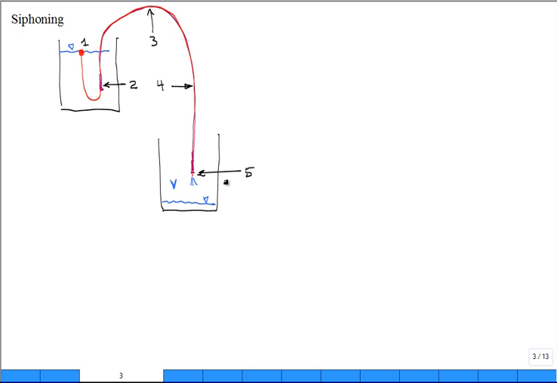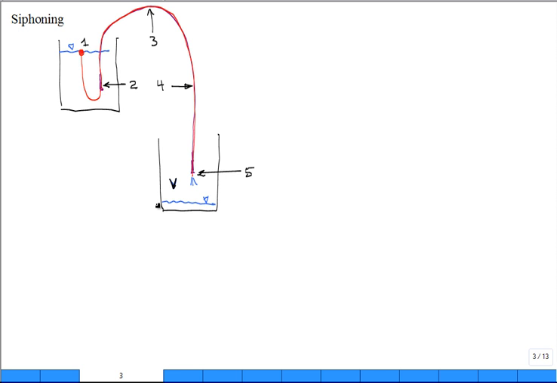Okay? So somebody said, I want you to predict the exit speed, V, this speed right here, of that flow coming out of that siphoning tube. How would you use Bernoulli's equation to do it, assuming steady flow? In this class, we're neglecting frictional effects.